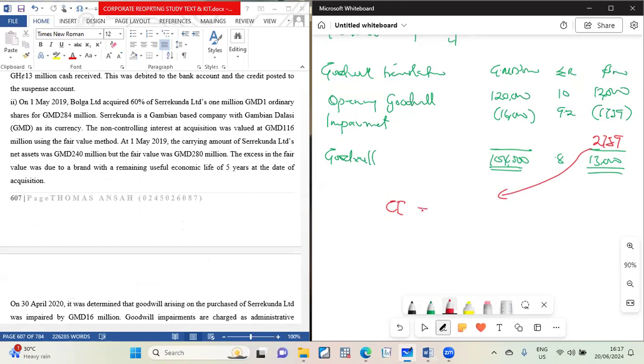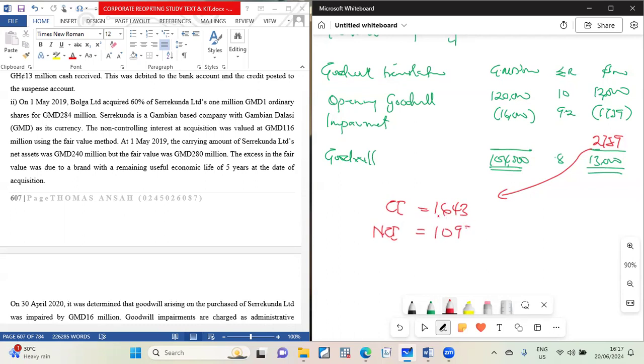Imagine you are given this in exams in a mixed group where the subsidiary was bought in stages. You see how complex these things can be. So if I take it now from my 2,739, my balance is 1,097 or 96.